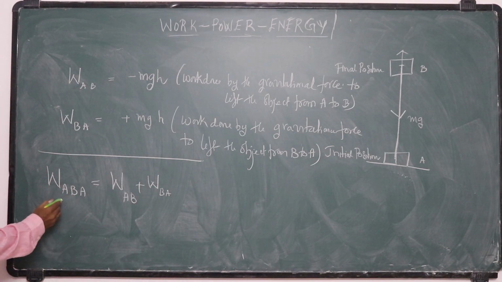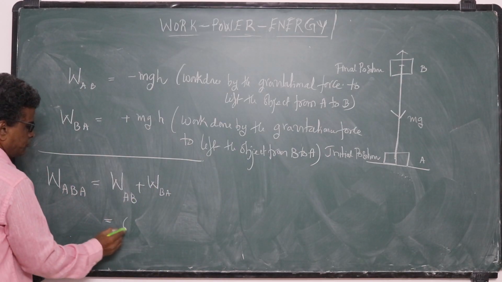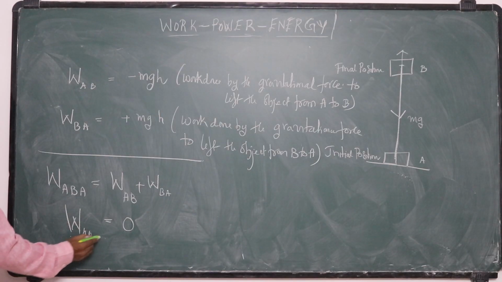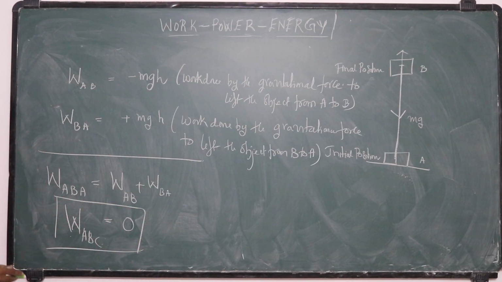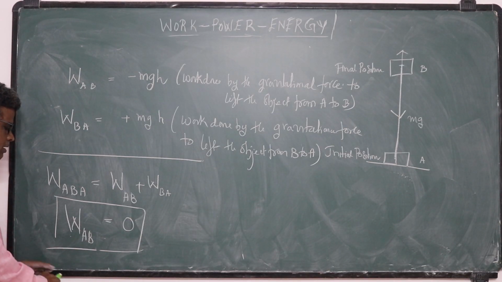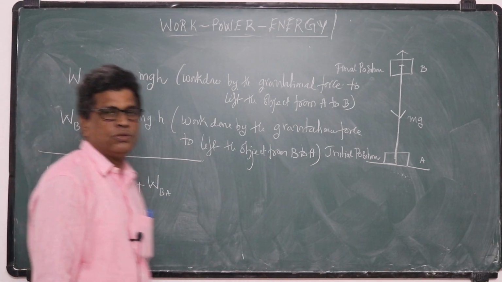So that is called a closed path. How much is it? 0. So work done in a closed path is 0. A to B, B to A, such paths are called closed paths. Okay?